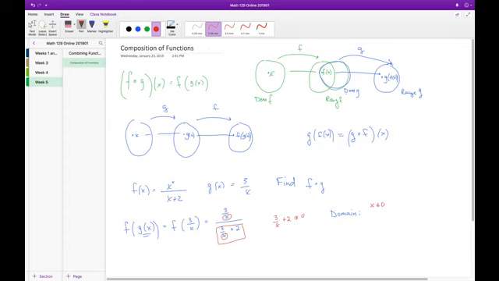Well, solving this equation, we would have 3 over x is equal to negative 2. So now I'm just going to think of negative 2x is equal to 3. So that would be when x is equal to negative 3 over 2. So that would be the number that we would have to exclude from the domain, because when x is equal to negative 3 over 2, we would get a 0 in this denominator.